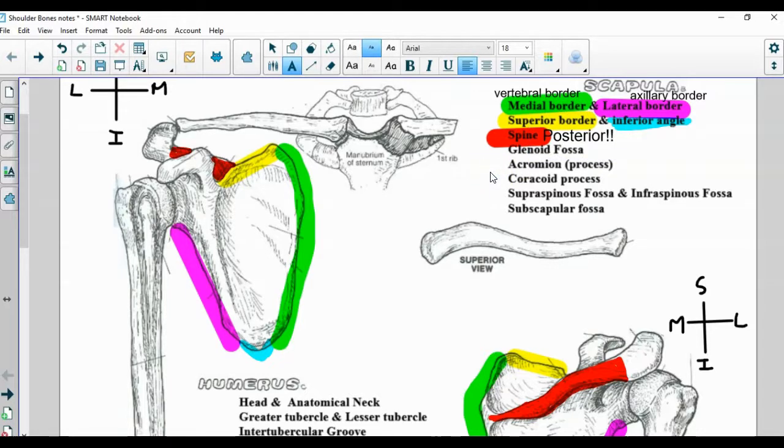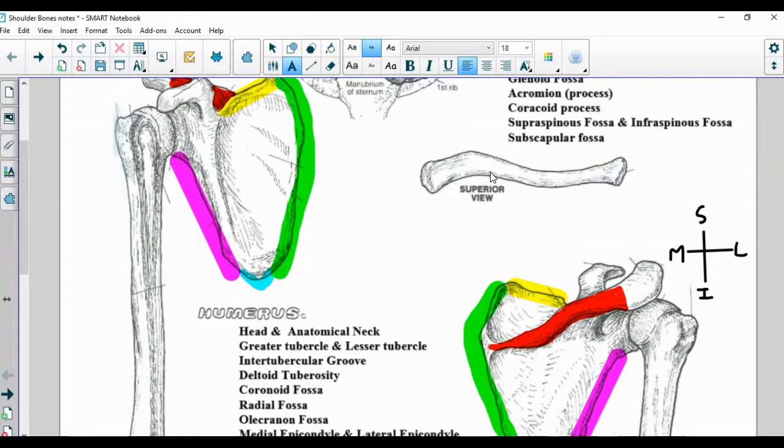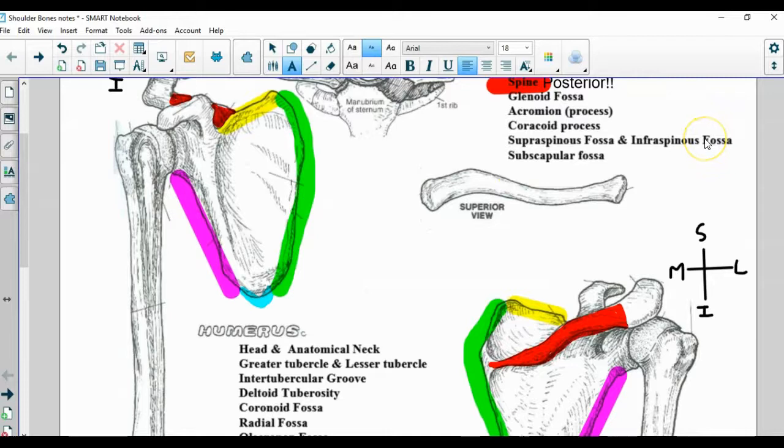From there, we're going to go ahead and identify a couple of important fossas. And as we have already learned, a fossa is a shallow ditch or trench. That's what the fossa means. I refer to it affectionately as a scoopy spot. And you can see we have one here called the Glenoid Fossa, Supraspinous Fossa, Infraspinous Fossa, and Subscapular Fossa.